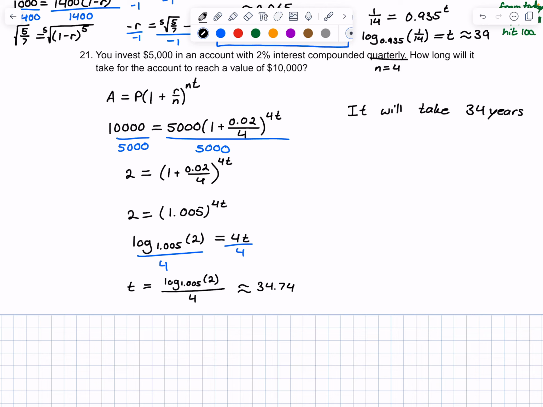And then because it's compounded every quarter, we just need to know how many more quarters. 34 years and 3 quarters for the account to reach $10,000. And that should do it.